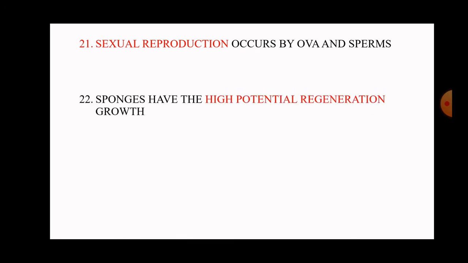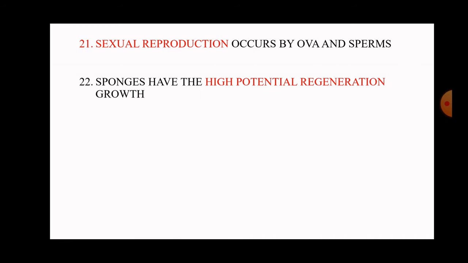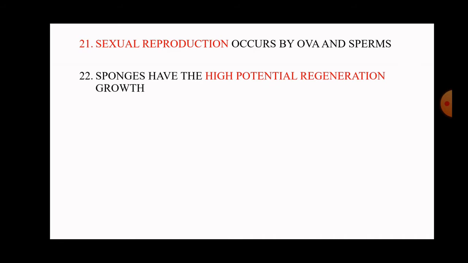Another important quality these sponges have is a high potential for regeneration. Yes, if they lose any part of their body, the body will be regenerated again within a short span of time. That is one of the most important characters of this animal.